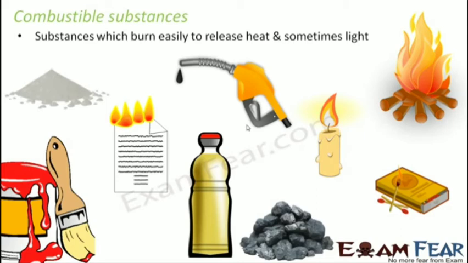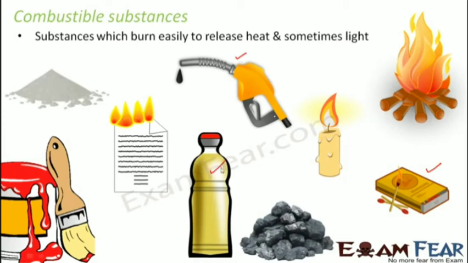For example, paper. Do you think that paper burns easily? Just bring a matchstick near the paper, and you see that immediately it catches fire. So paper is combustible. Take the example of a matchstick, again it is combustible. It easily catches fire. Take the example of diesel, petrol, kerosene.